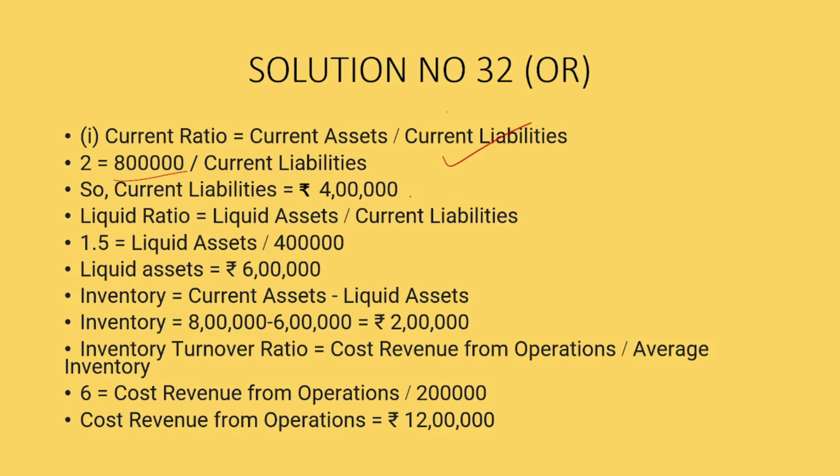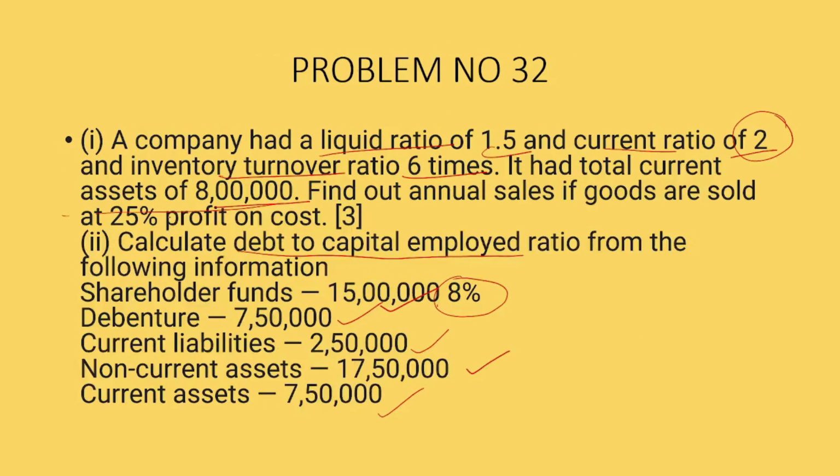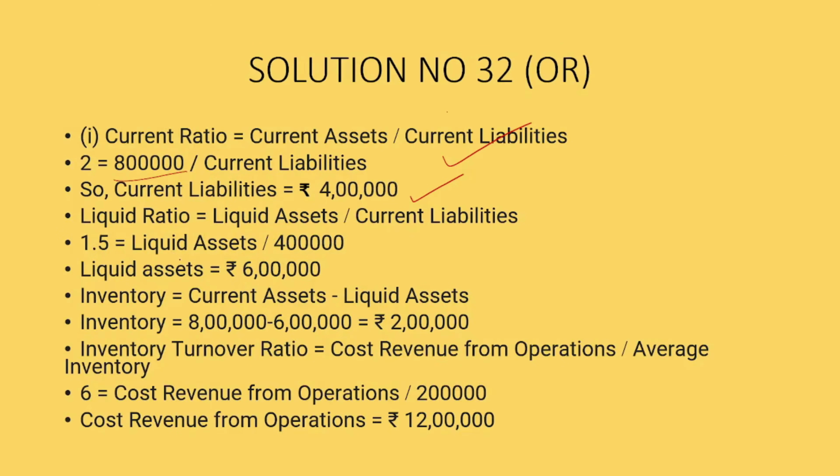That is, current liability is 4 lakhs. Then we have liquid ratio as per the question 1.5. So 1.5 equals liquid assets by 4 lakhs, that is 6 lakhs liquid assets. Inventory equals current asset minus liquid asset, that is 8 lakh minus 6 lakhs, that is 2 lakhs.